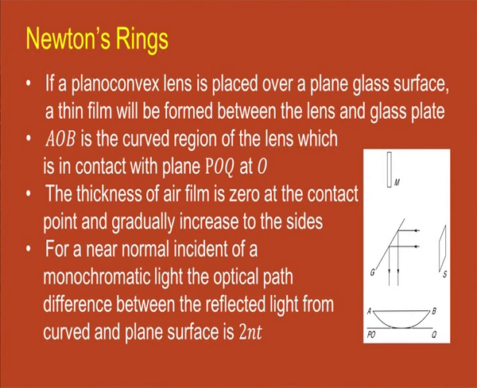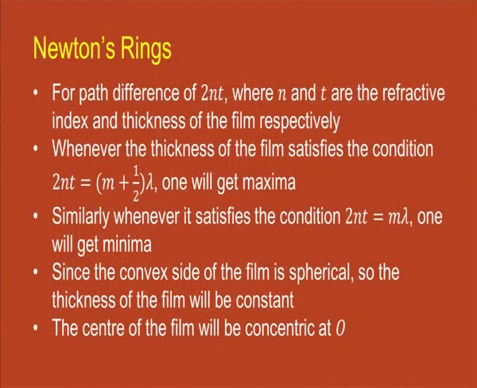For a near normal incidence of monochromatic light, the optical path difference between the light reflected from the curved and plane surface is 2nt, where n and t are the refractive index and thickness of the film respectively.